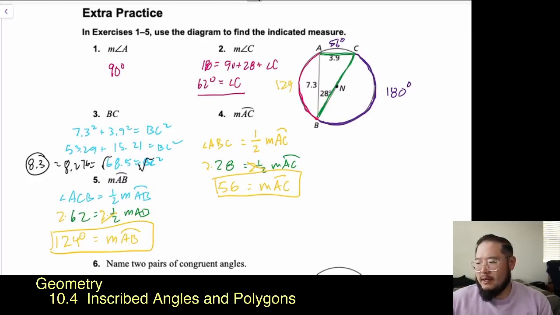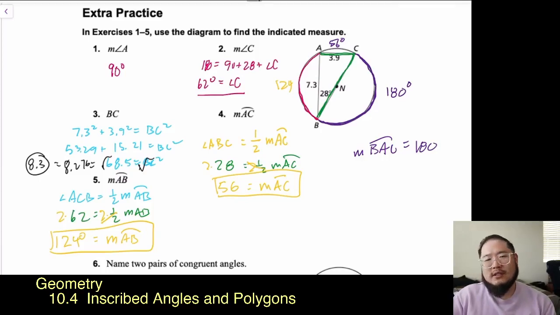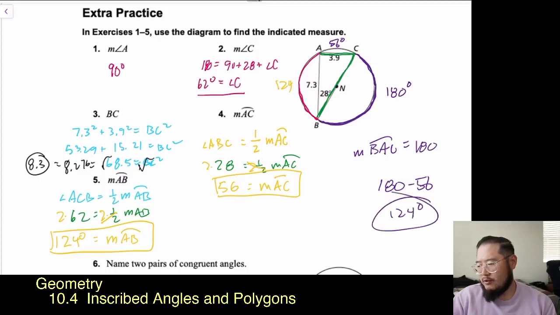So that means that if we take a look at arc BAC, that whole thing is 180, right? The measure of arc BAC, that's 180. If I know AC is 56 degrees of it, we could go ahead and subtract that, and you'll end up with 124, which is the remainder.